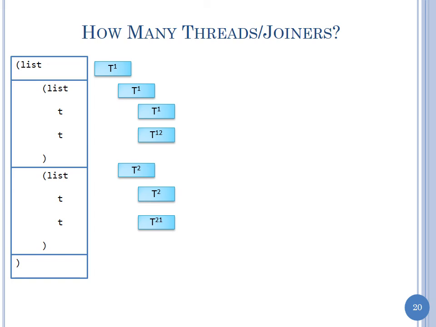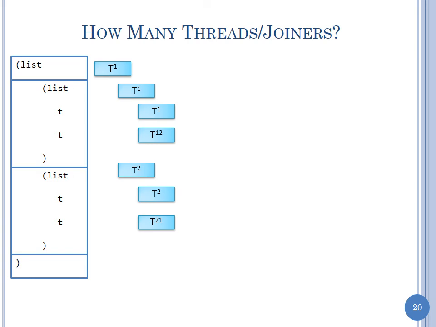Because we are creating n-1 threads given n expressions, we are doing a good job conserving the number of threads created, and that's a good goal. Are we doing a bad job here in any way? Could we do better than the algorithm I've shown you in terms of thread creation? And not only threads, what about the joiner objects? Objects are expensive.